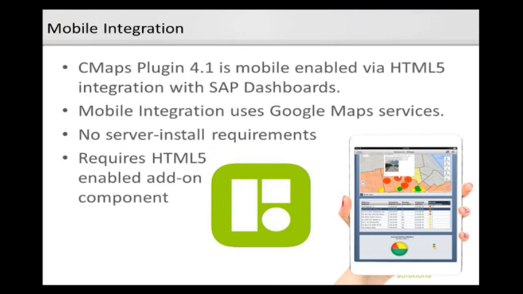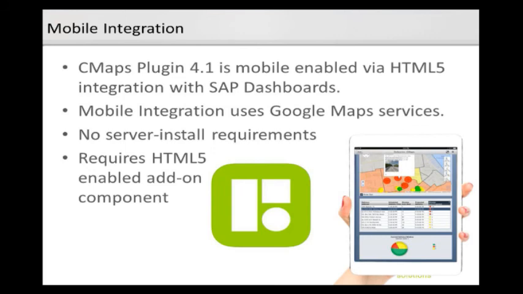Once again, with CMaps Analytics, one of the benefits is the simplicity of development and deployment. In order to take advantage of the mobile publishing capabilities, all you need to do is install a new add-on component. There's no server install required. There's no GIS server requirement. There's no server configuration required.